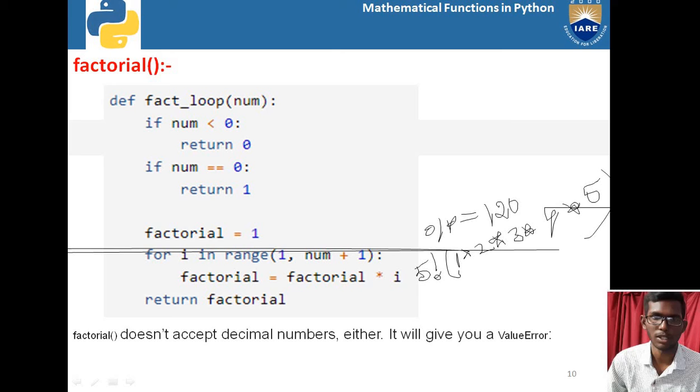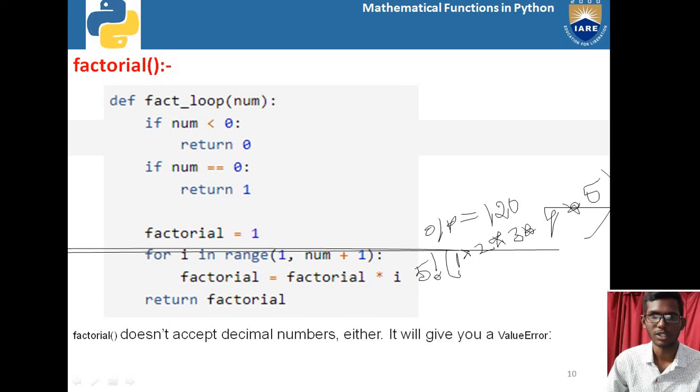Then I equals 3, and we multiply 2 into 3 to get 6. Then I equals 4, and 6 into 4 gives 24. Then I equals 5, and the result multiplied by 5 gives 120. Now we get 5 factorial equal to 120.